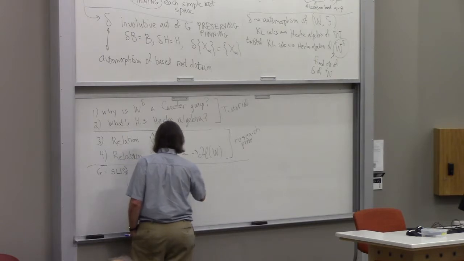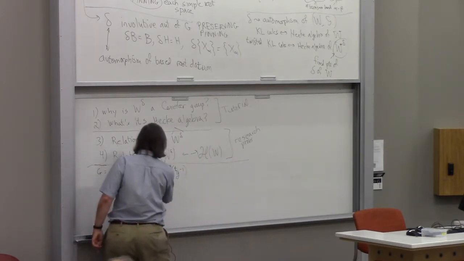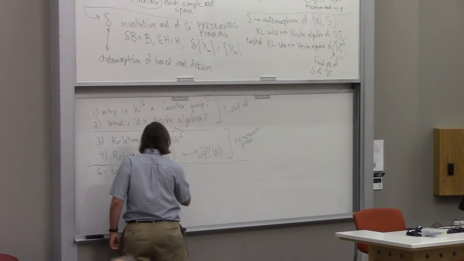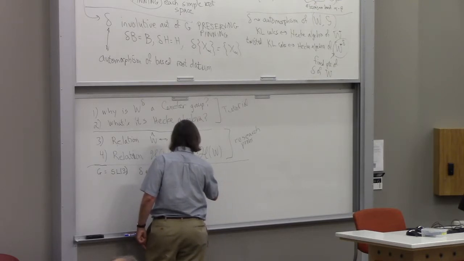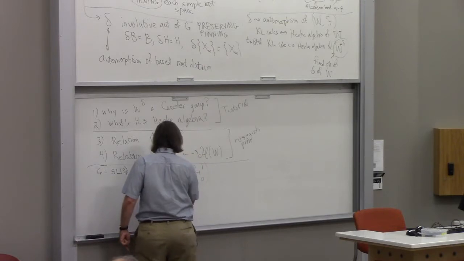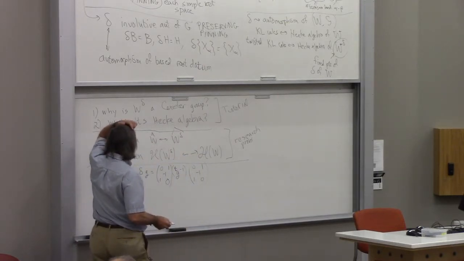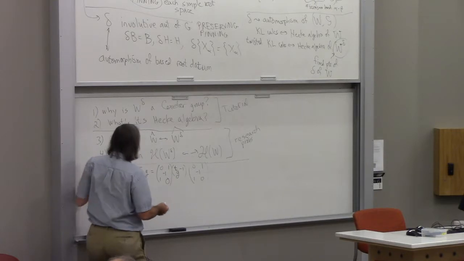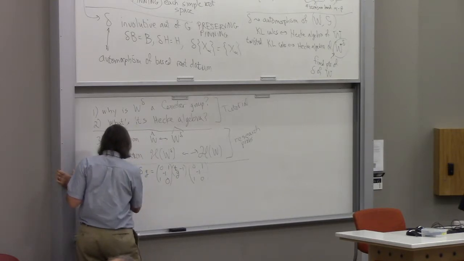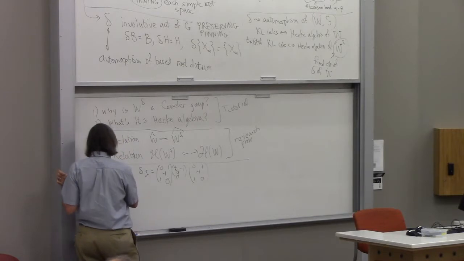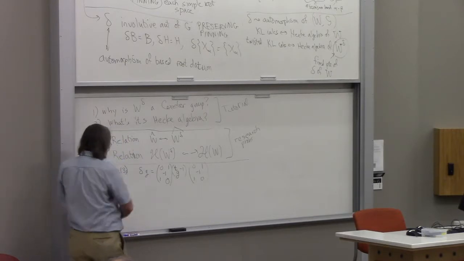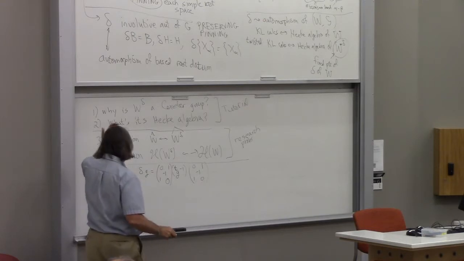It's alternating plus, oh well, I can write them all out. Okay. So the Dynkin diagram looks like this, and of course delta is the diagram automorphism that interchanges the two simple roots.